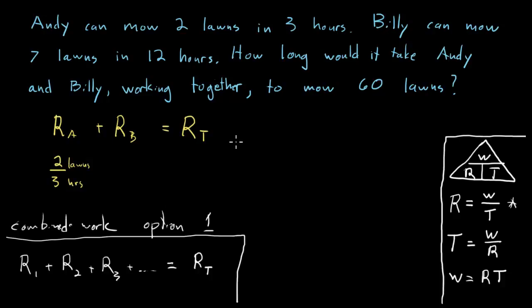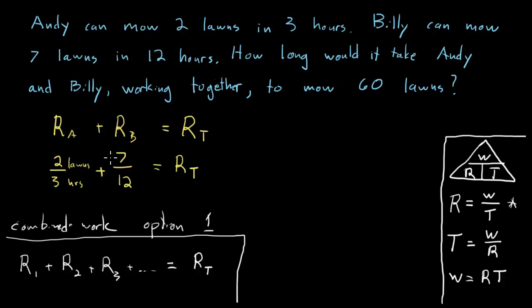And Billy's rate is going to be 7 lawns per 12 hours. And this combined work principle says we can add these rates, and that'll give us our combined rate, our together rate. So let's do so.